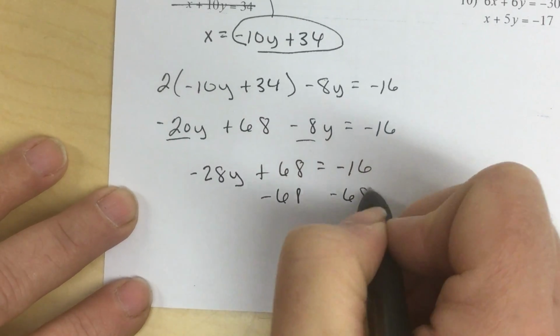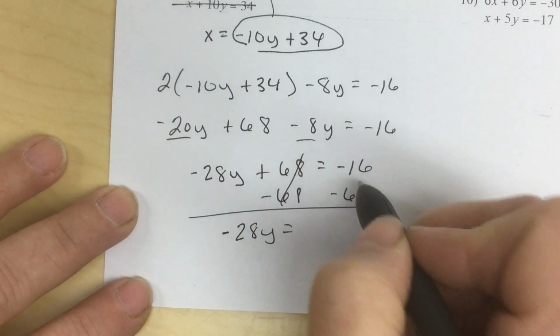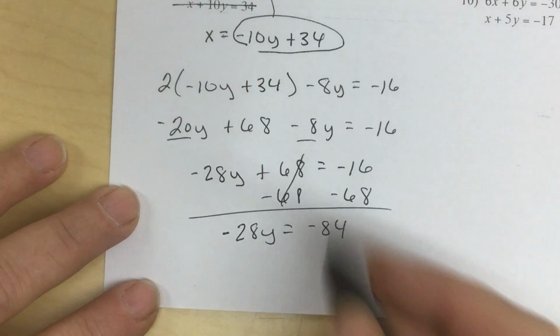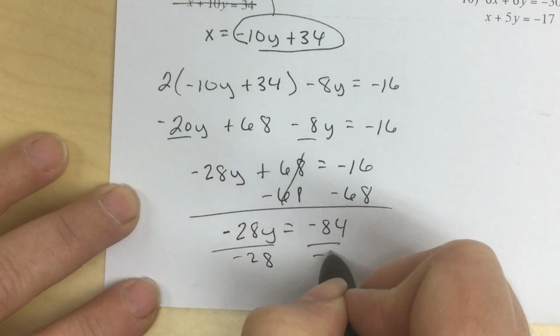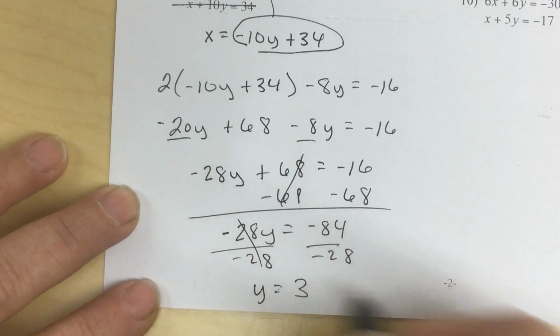Subtract 68 from both sides. Negative 28y equals negative 84. And then 84 divided by 28 is 3. And you have a positive because you have a negative divided by a negative, so y equals 3.